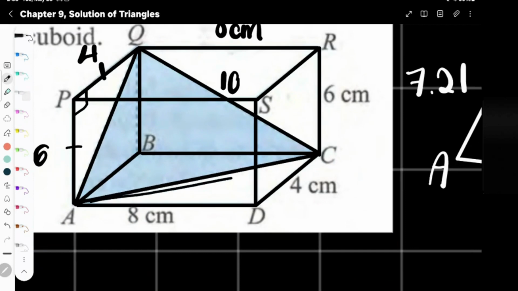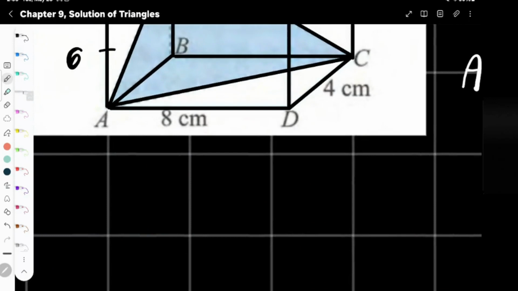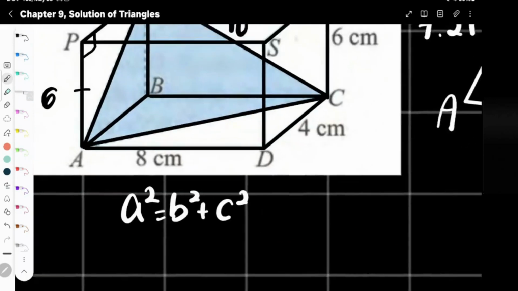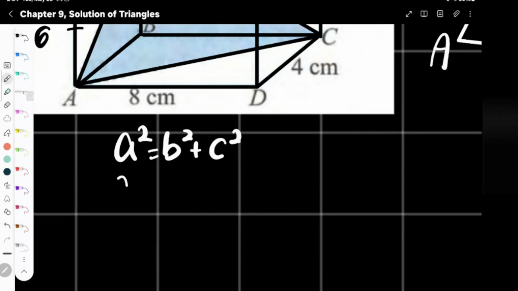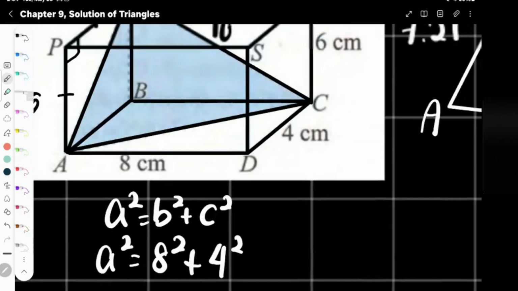Again, we can use the same formula here, right? So the distance here, you can use Pythagoras theorem again, right? So a square equal to b square plus c square. So this will be 8 square plus 4 square equal to a square.